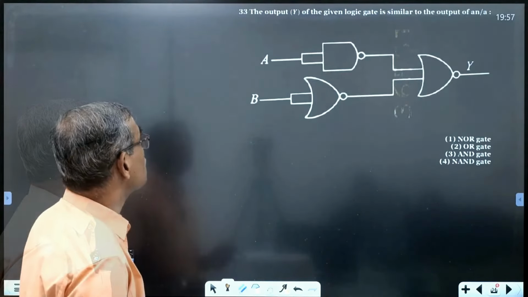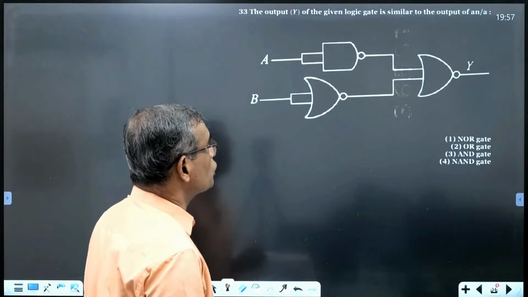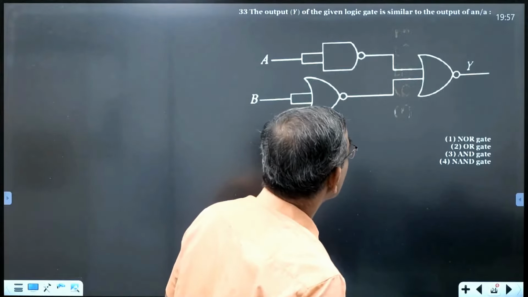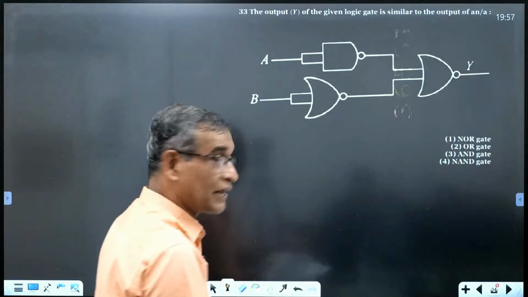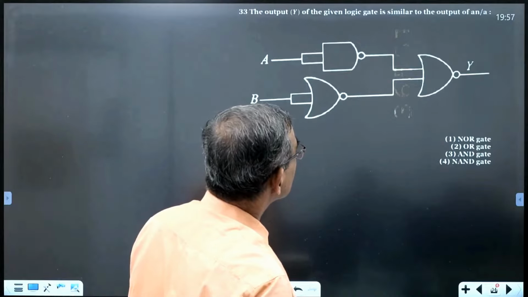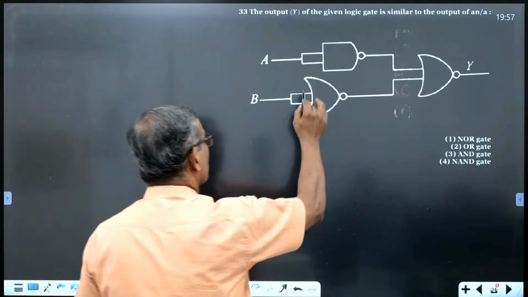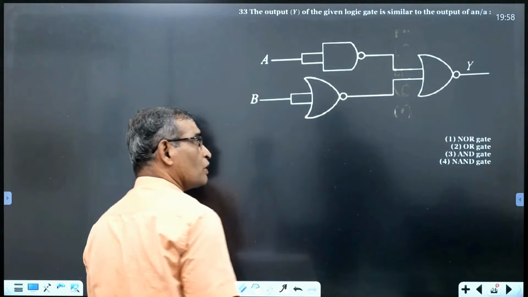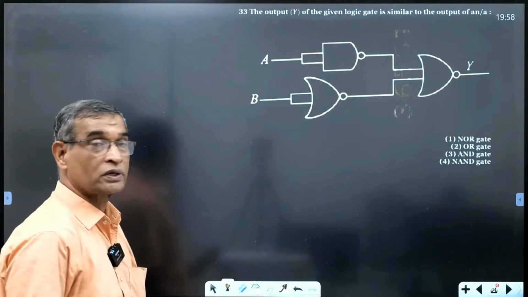Next one. The output Y of the given logic gate is similar to the output of which gate? Now you can see that this is a NOT gate. This is a NOT gate. And this is one of the methods by which a universal gate can be converted into a basic gate.